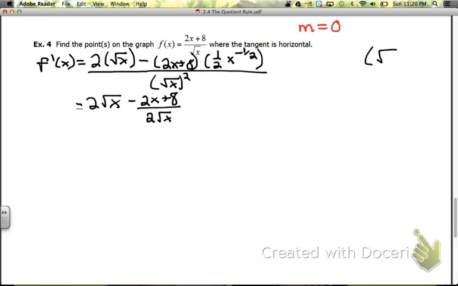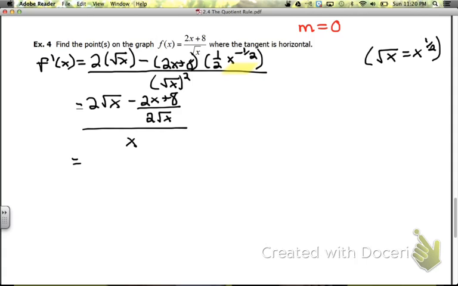Just as a little side note, remember square root of x is the same thing as x to the power of a half. So what I did there is that I just changed our x to the power of negative a half to a positive exponent. And this will all be over x, because the root of x all squared is just going to be left with x.